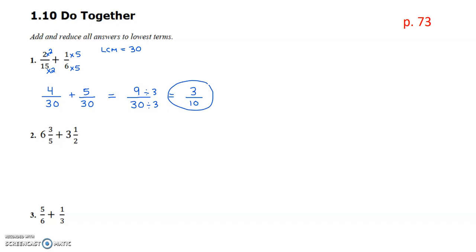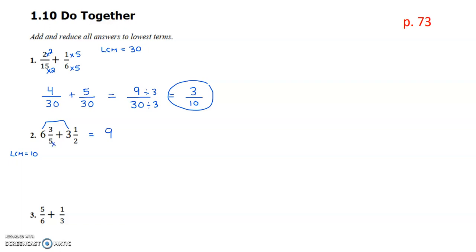For number 2, I have mixed numbers. I'm going to use the same strategy as I showed in the earlier example. I'm going to be adding my 2 whole numbers, putting that kind of on the side. That's going to be 9, and then I worry about my fractions. 5 and 2 have the lowest common multiple of 10. So I'm going to be making them into 10.